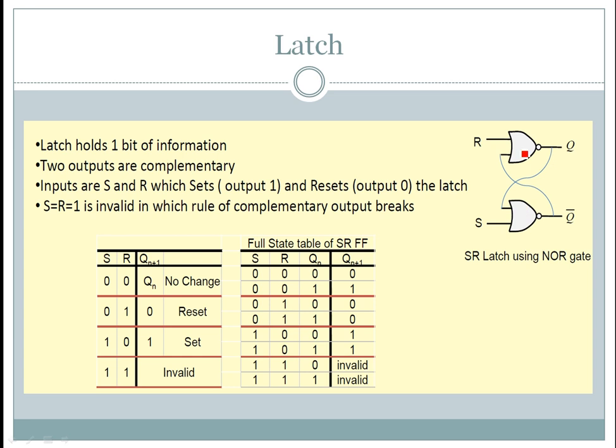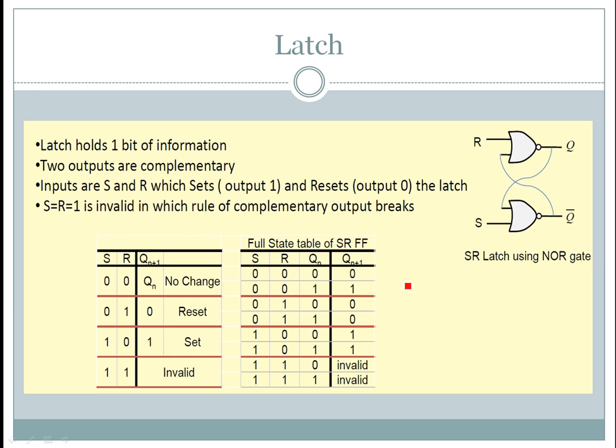So here the SR latch is designed using NOR gates. We can even design it using NAND gates. If you are using NAND gates, this input becomes S and this input becomes R. If you don't interchange the inputs, we will not get the desired output.